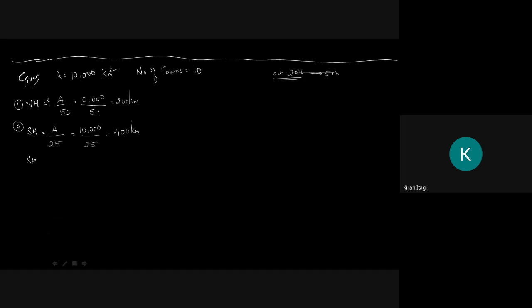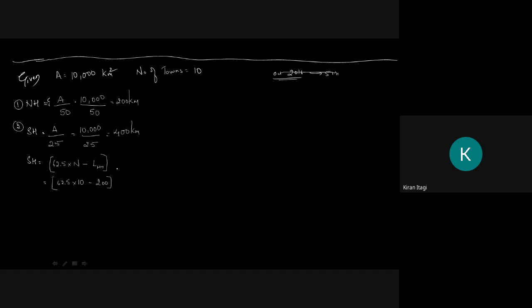Also, we have state highway equals 62.5 multiplied by n minus length of national highway. Correct? So substitute the values. 62.5 multiplied by number of towns, how much is it? 10 towns, minus length of the national highway we have already calculated, that is 200.